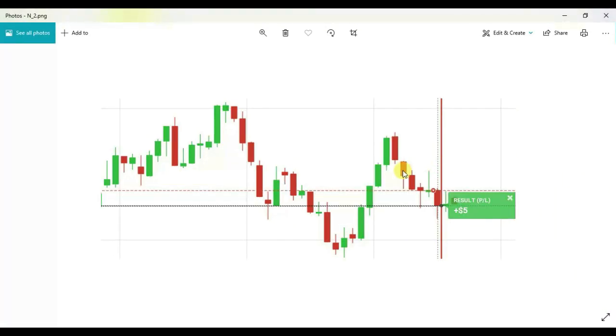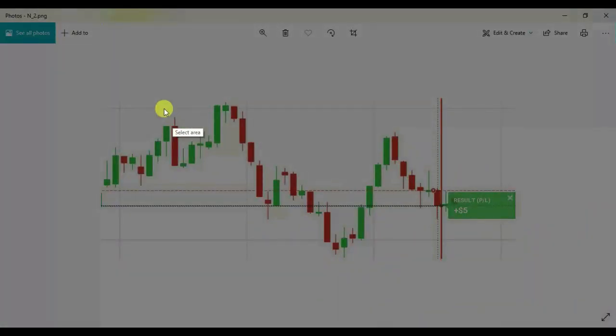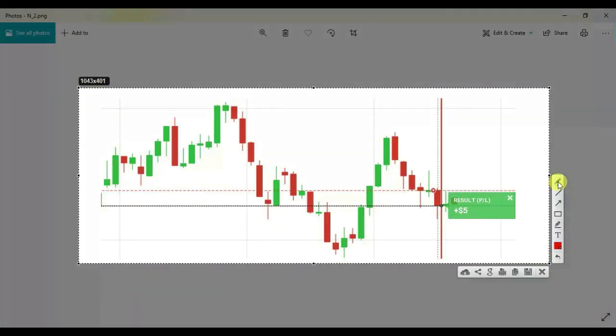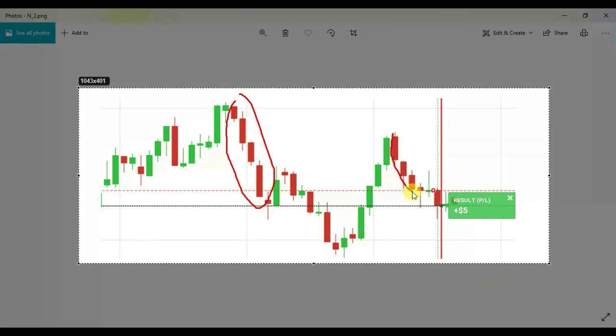Let's see another example here. See the left side. Strong sellers, strong sellers, but from here you can see this is a level, the buyer's entry level, and it was a level 2.